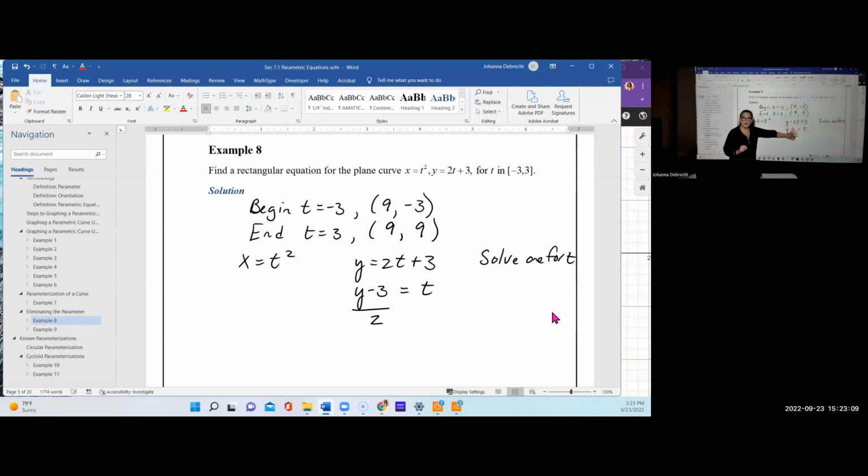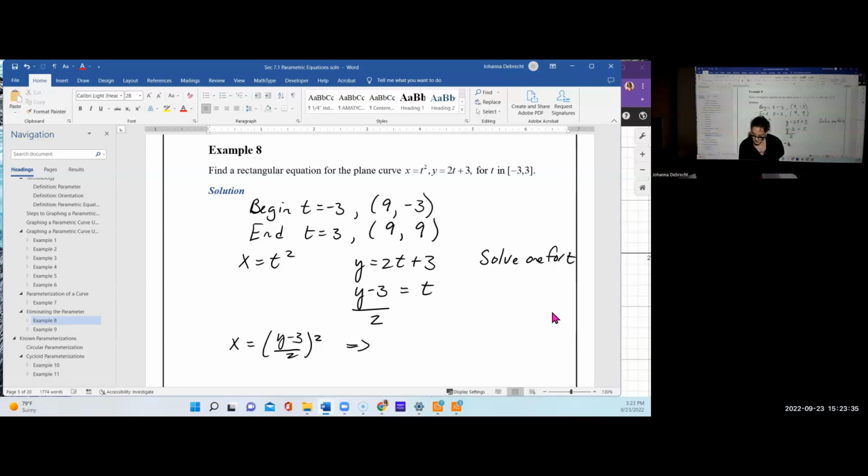Now I've used the y equation, so I want to take this expression and substitute it in the other parametric equation that I haven't used yet. So I get x equals y minus 3 over 2 quantity squared. And then I can go ahead and multiply out this fraction twice.